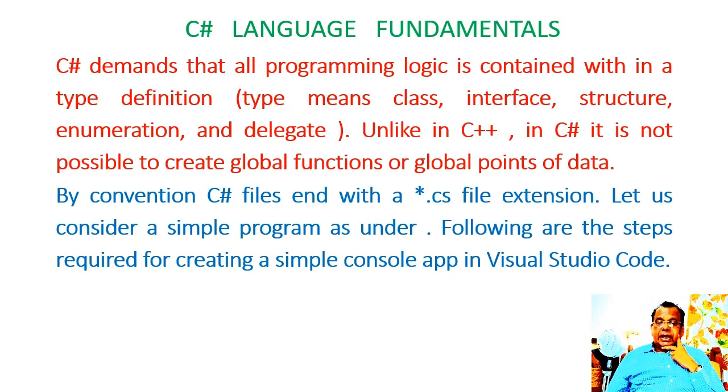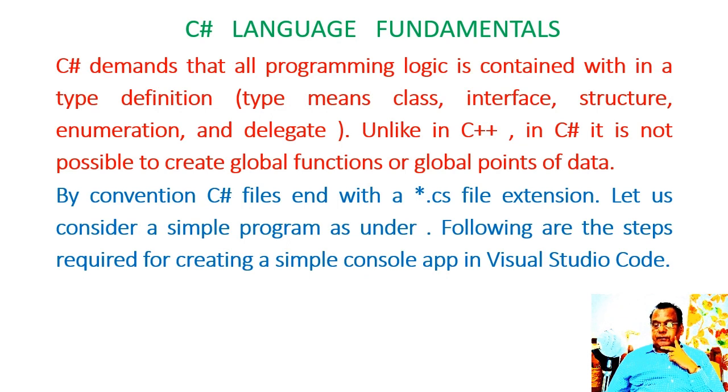C Sharp language fundamentals. We are concentrating on the C Sharp language. In this course, we are discussing the C Sharp language in and out. C Sharp demands that all programming logic is contained within a type definition. Type means class, interface, structure, enumeration, and delegate.